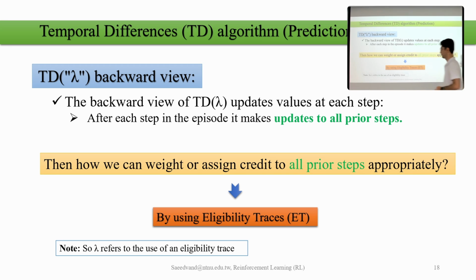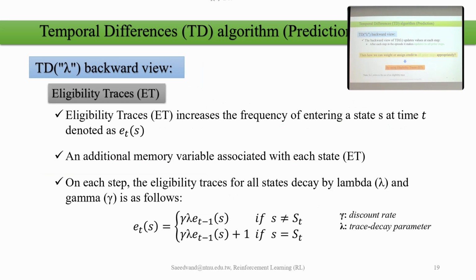Let's have a look at how we can calculate the eligibility trace. We say it increases with the frequency of entering state S at time t, denoted by E_t(S).